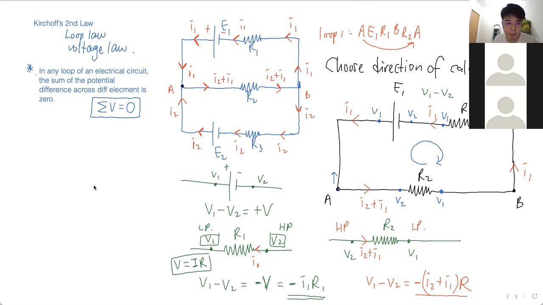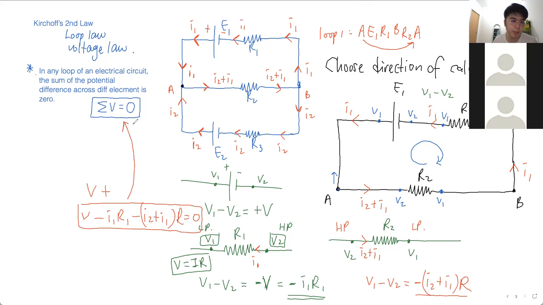I can write that the sum of each one is equal to 0. So V minus I1 R1 minus (I2 plus I1) R, the total equals 0, because my second law says the sum of potential differences is 0. Okay, now I'll create one more link, and then we continue over there.